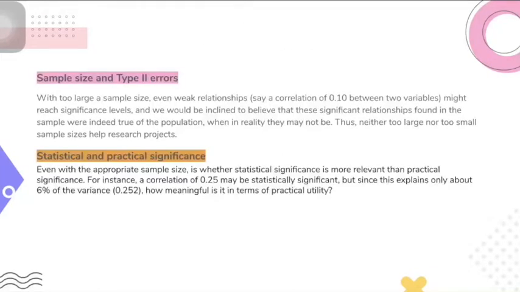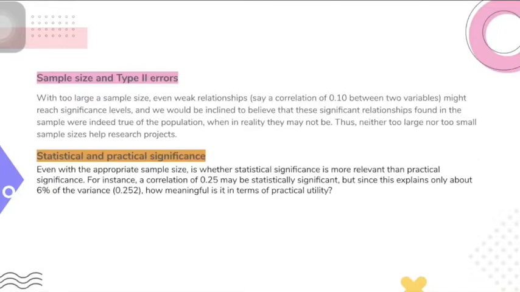With too large a sample size, it could be a problem in as much as we would then be prone to committing type 2 errors. That is, we would accept the findings of our research when in fact we should reject them.